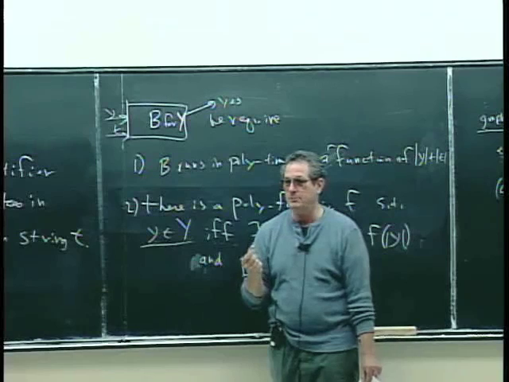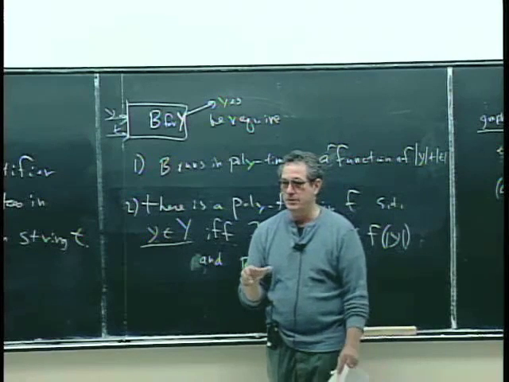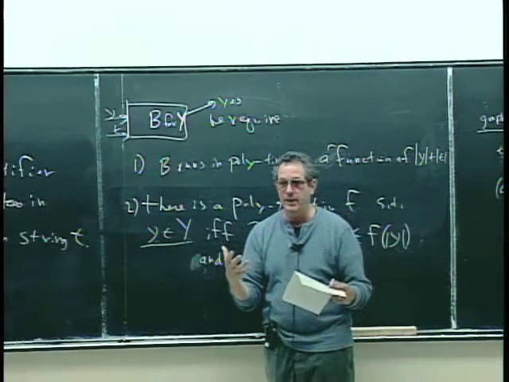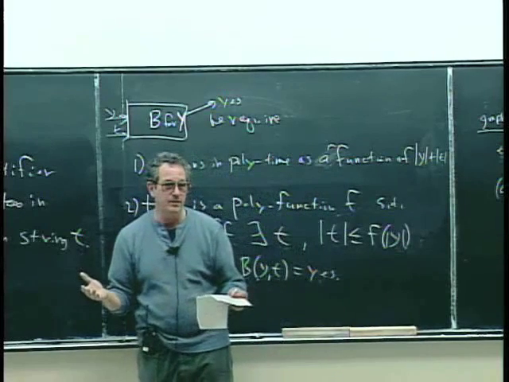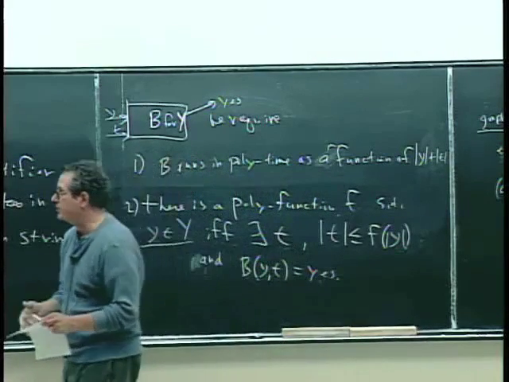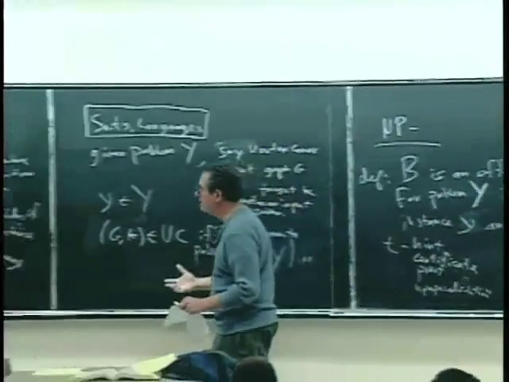So primality is the problem. You're given a number, an integer, and you want to know whether it's prime. Okay? So you can think of the language as the set of prime numbers. Okay? The decision question is you're given that number, is it prime?